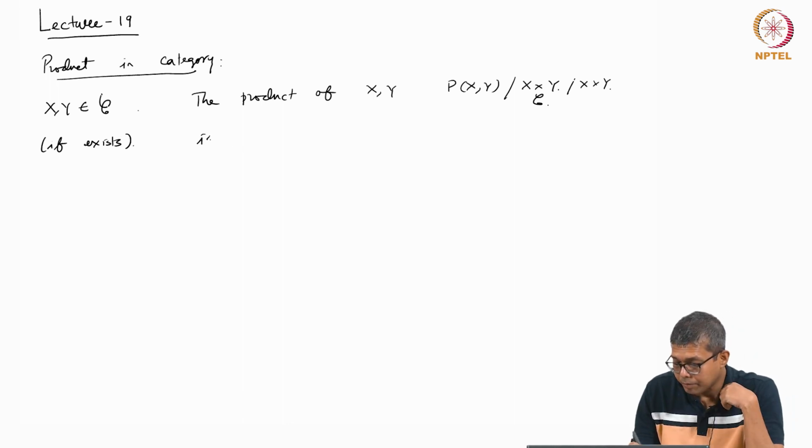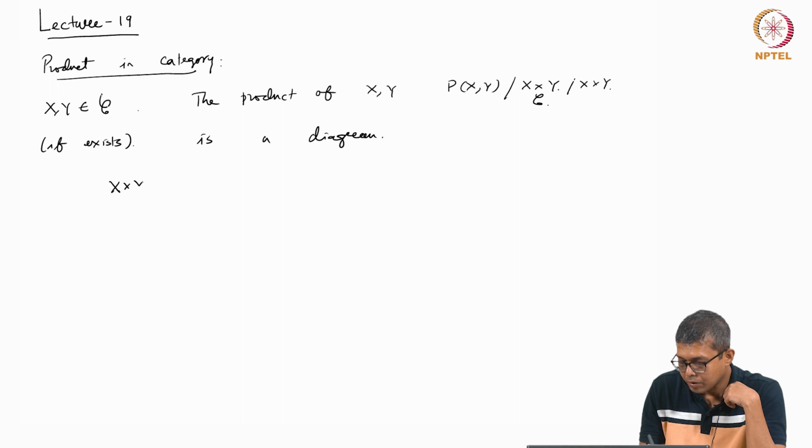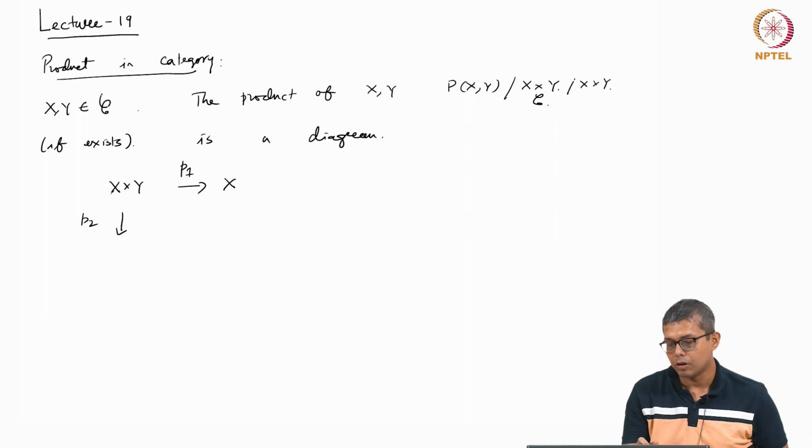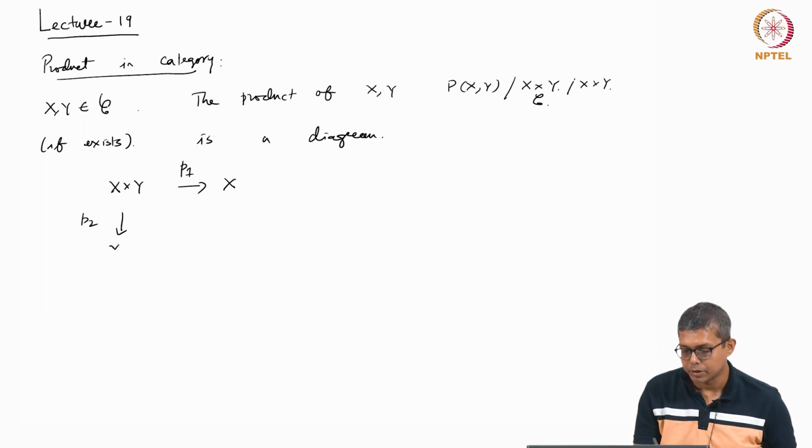This is a diagram. It means there is an object with a morphism to X and to Y. These are called the first projection and the second projection.